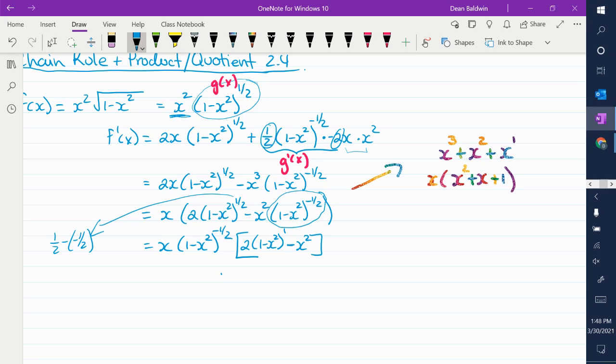If I put this back into here, this times this, you essentially add the exponents. What's 1 minus 1/2? 1/2. This times this gives me that expression. Right? Does that make sense? Okay. This is to the power of 1, so I can now put the 2 into those brackets.